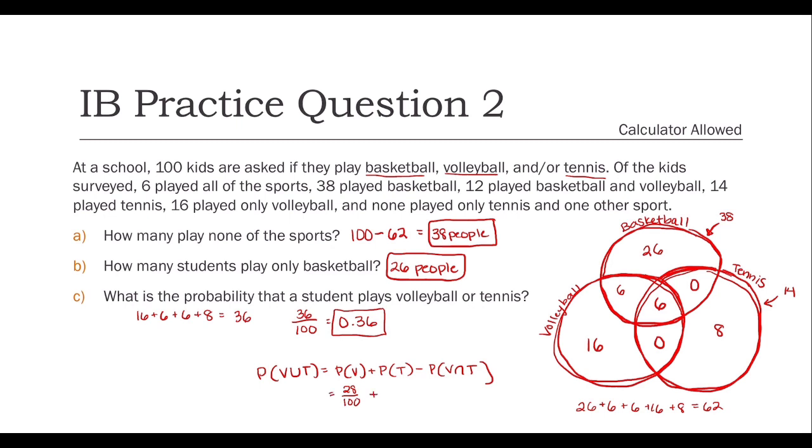So that's our total in the tennis circle, which is 8 plus 6, so 14 out of 100, minus our probability of volleyball and tennis. So that's our section that overlaps between those two circles, which is 6 of the 100 people. So this is 28 plus 14 minus 6, which is 36 over 100, which is the same as our 0.36 up here.